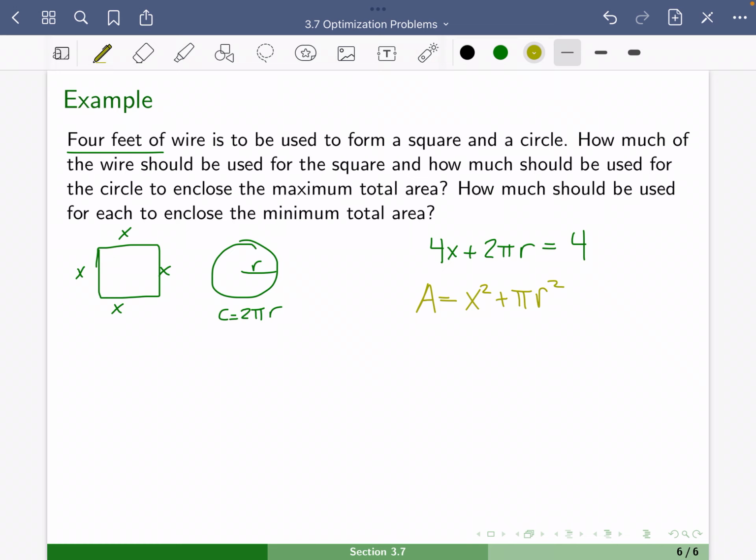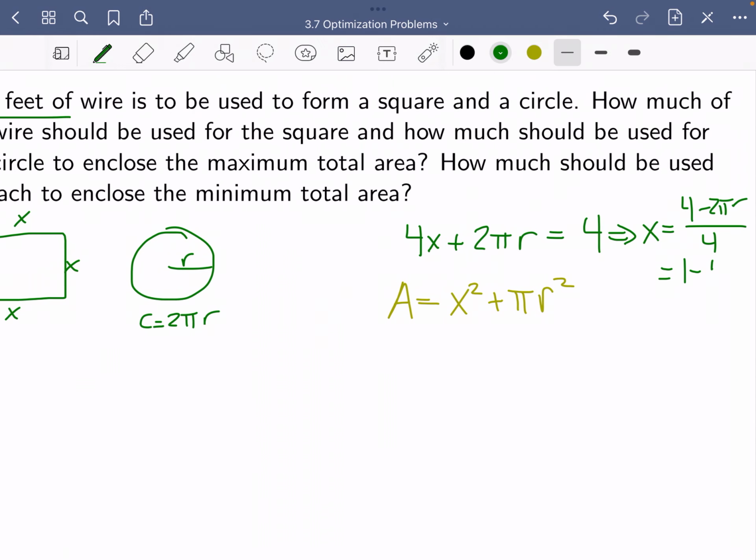Now, if we're going to find our optimal solution here, we should rewrite this function that we are trying to optimize in terms of a single independent variable. So up here on our secondary equation, let's solve this for x. If we solve that for x, x is 4 minus 2 pi r over 4, which is 1 minus pi r over 2.